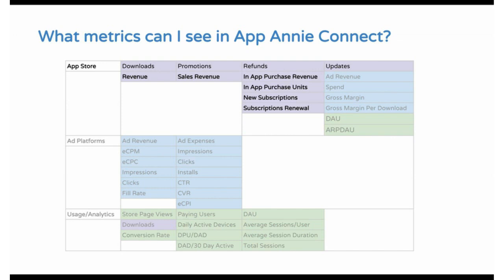You will also get a view of your refunds, your updates, and revenue metrics, which will then be split out into different categories such as sales revenue, in-app purchase revenue, subscriptions, and subscription renewal, depending if you are using the subscription-based model. The grayed out sections we will be looking at in our next webinar, where we look at how to connect your ad platforms. And that will be followed by how to connect your usage analytics accounts as well.